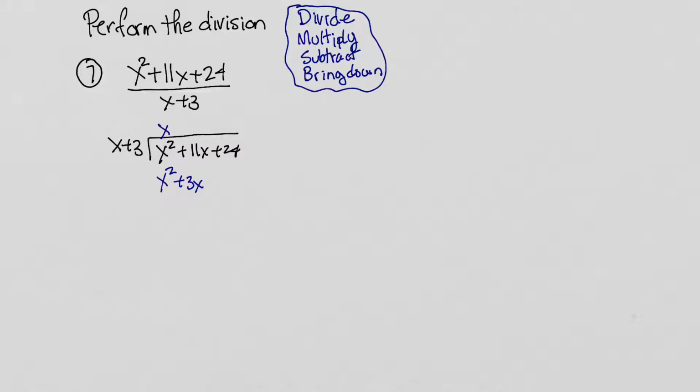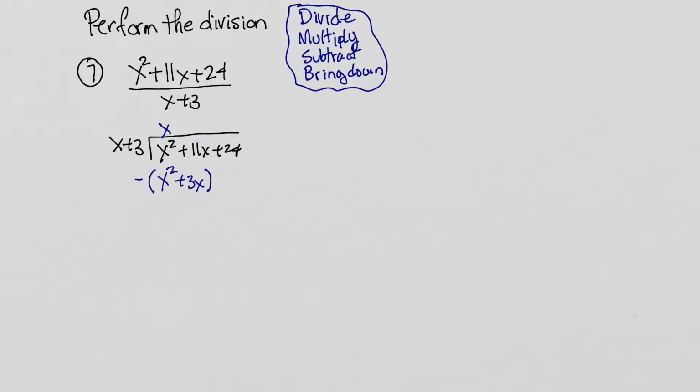And now what I'm going to do is subtract. But how do you subtract this polynomial? Well, you just distribute that minus sign through there. Now that's hard to do with a pencil because it looks like a big mess. So instead of writing the parentheses and then the minus, we just do this instead.